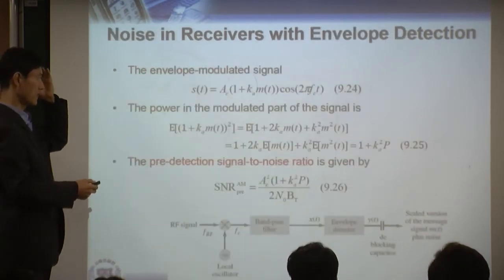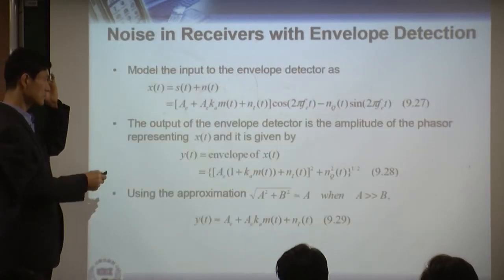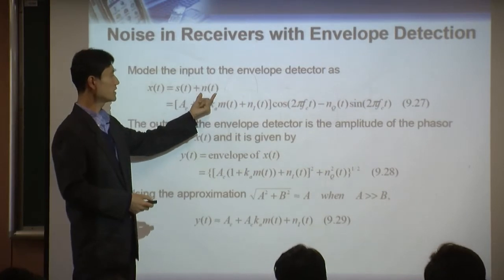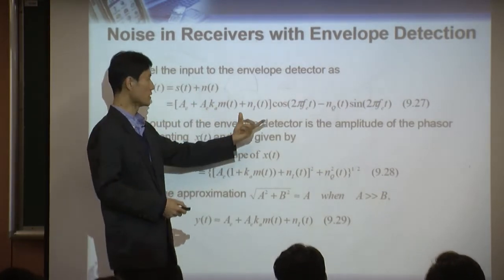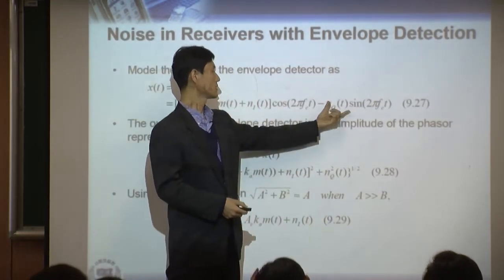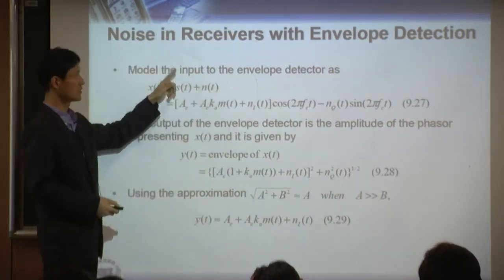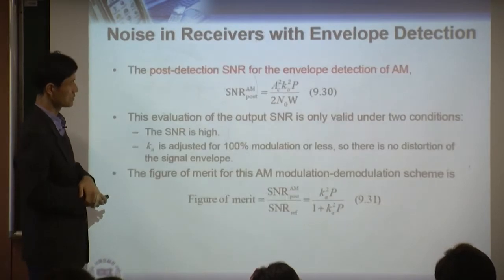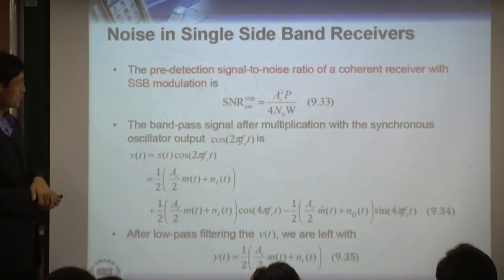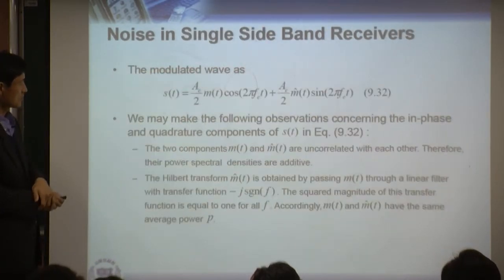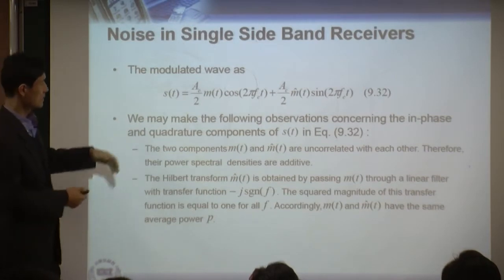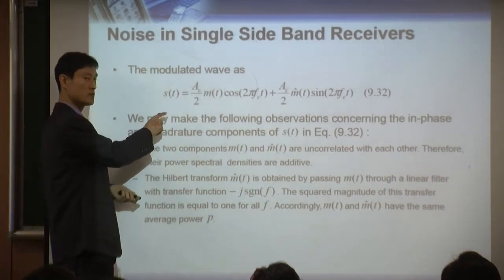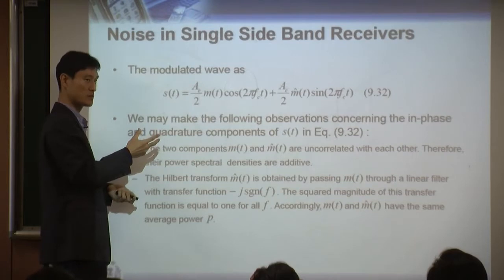Same way for envelope detection. Again, you want to change N(t), the passband noise, into baseband representation and use S(t) for DC added modulation and do the same way. Okay, pretty much. And single sideband, same way. Okay, single sideband, again S(t) plus N(t), but change N(t) to baseband representation.